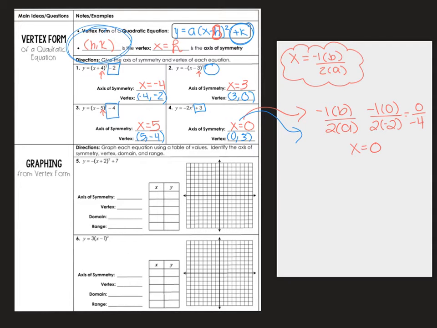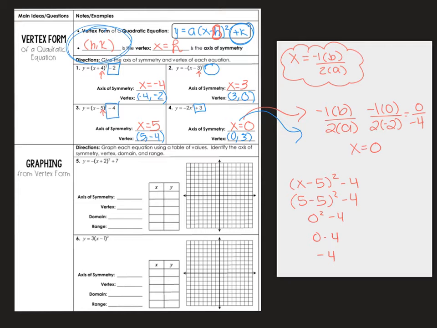So for number 3, we knew that x was 5. If you go back to the original equation and plug in a 5 for x, and then solve this, you end up getting -4 for your answer. And -4 is what we had from that k value on the end. Right, so whatever you end up choosing here, it's going to work out.